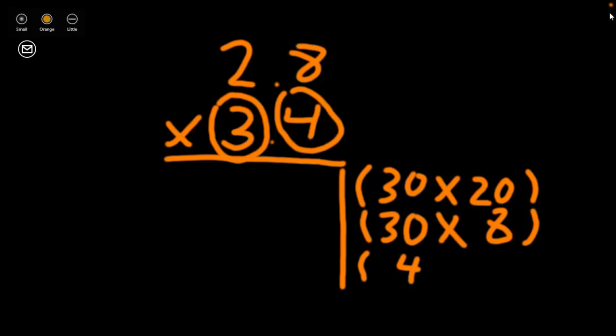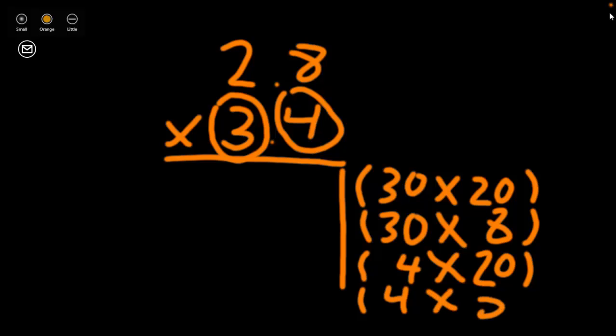Since we're assuming the decimal isn't there, that 2 would be in the tens place, and that would actually be worth 20. Next, since we've multiplied by the 2, we're going to multiply 4 by the number directly above it now, which is 8. Since that 8 would be in the ones place if the decimal wasn't there, it's only worth 8.